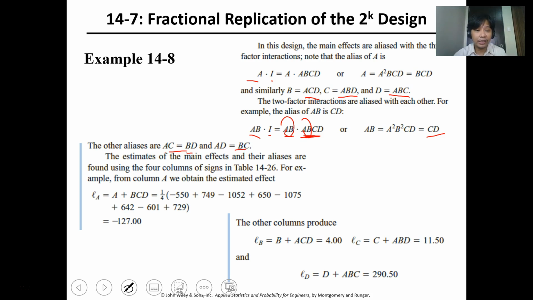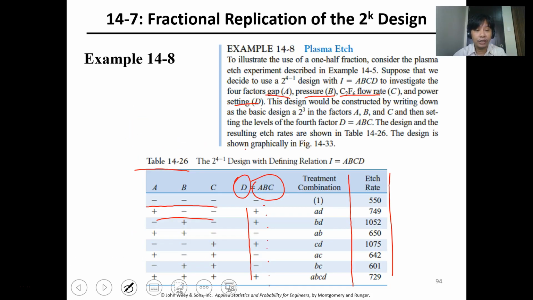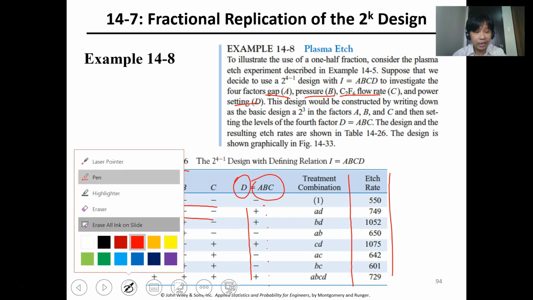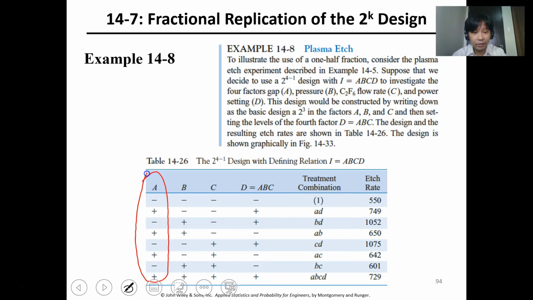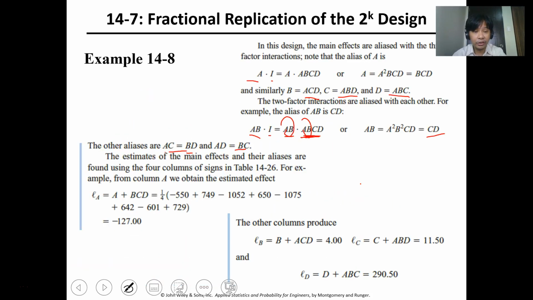So to calculate the estimate, you follow yung formula natin for the effect, di ba? So just utilize this sign factor, you multiply it with the specific rate. So ayun lang yun. Then divide by 1 over n times 2^(k-1), which is ang k natin ay 3 dito, di ba, yung k minus 1.